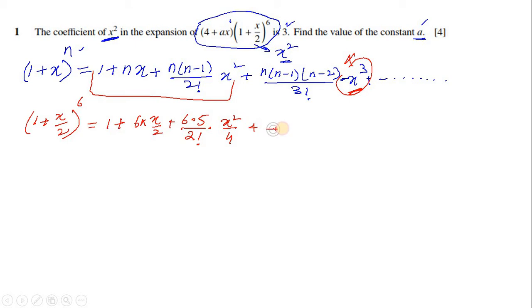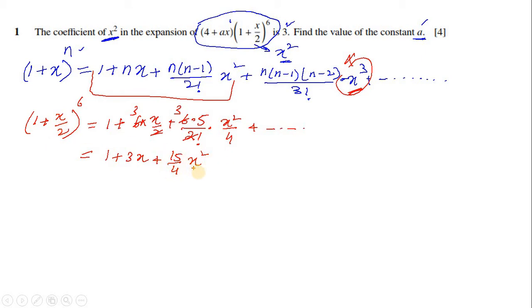You don't need to write the next terms. Simplifying, 2 times 6 is 3, so 1 + 3x, plus 2 factorial is 2, 2 4s are 8, 6 5s are 30, so you have 15 upon 4 x square. These are the three terms of the expansion of (1 + x/2) whole power 6.